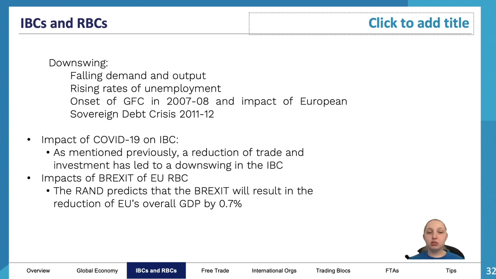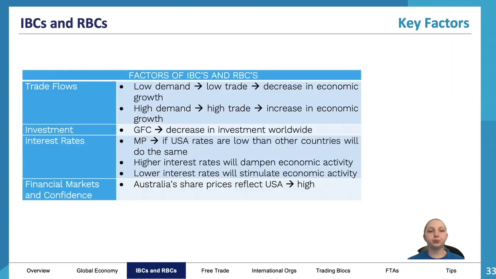Something else interesting to consider is Brexit. So a lot of people predicted that Brexit will result in the reduction of the EU's overall GDP. Will be really interesting to look at and to find the actual statistics about how Brexit changed the EU's GDP, and then how that change in the EU then impacted the international business cycle as well.